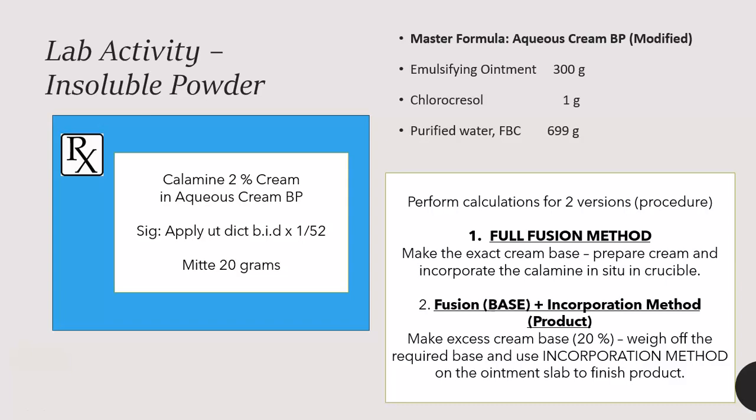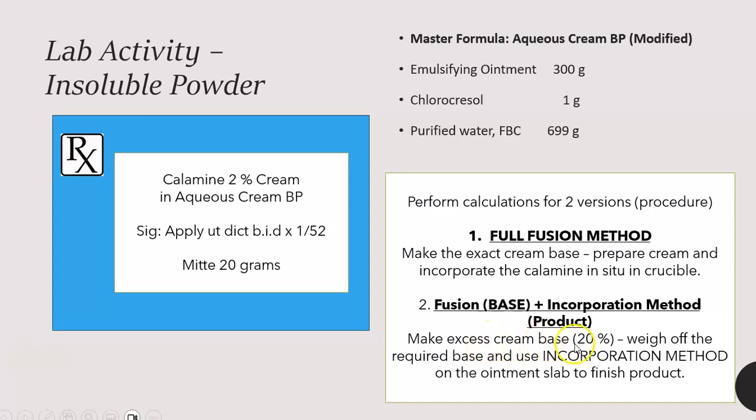Similar to how we do fusion ointment, where you're adding an insoluble powder to a fusion ointment base, it's no different. But there's a version 2. You could actually integrate the fusion method to make your base, where whatever your calculation gives you, you make 20% extra of the base that you are expected to make or use.